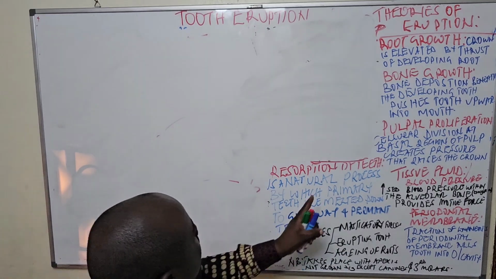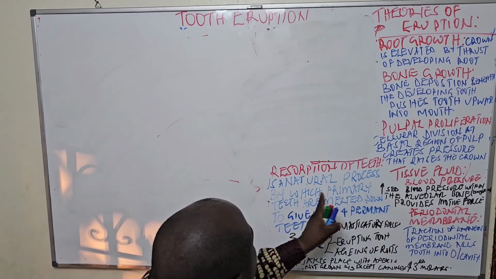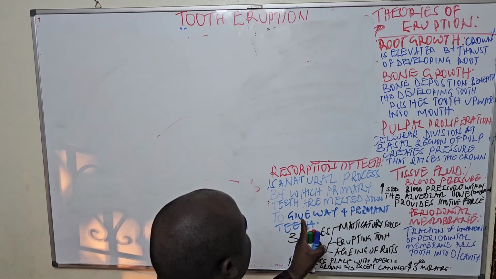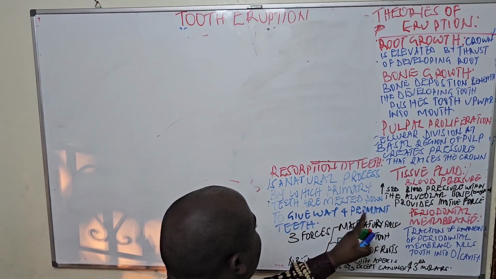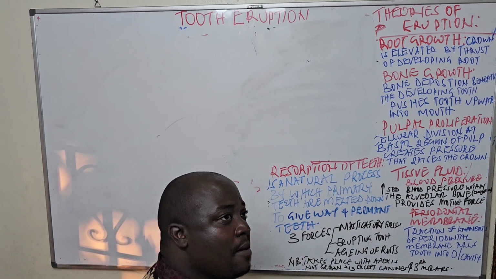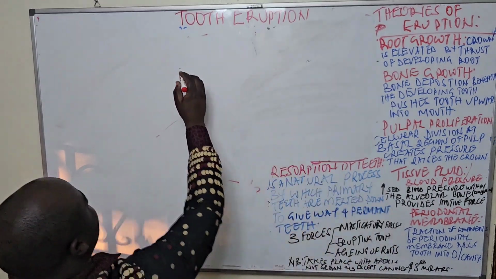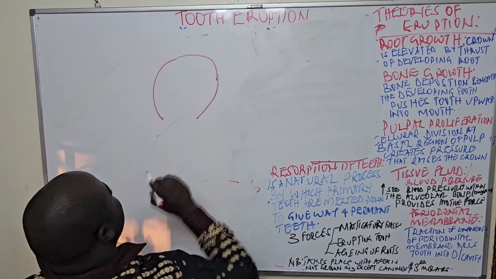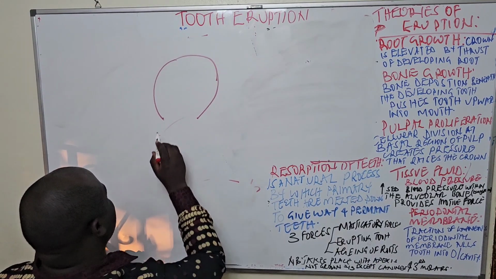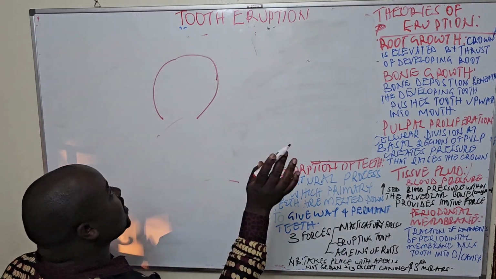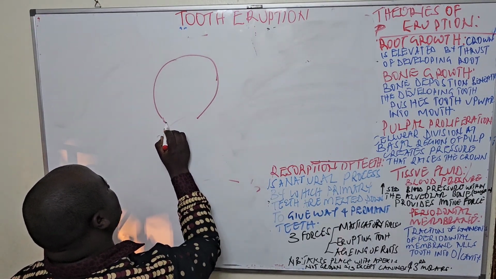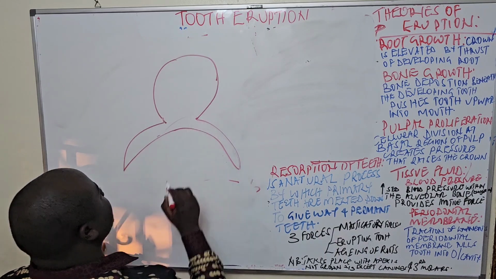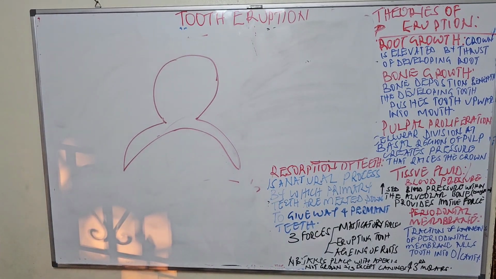So resorption is the natural process by which primary teeth are melted down to give way to permanent teeth. Remember what we talked about, that the crowns of primary molars are bulbous, and they don't have a trunk, and their roots are divergent. You remember that?